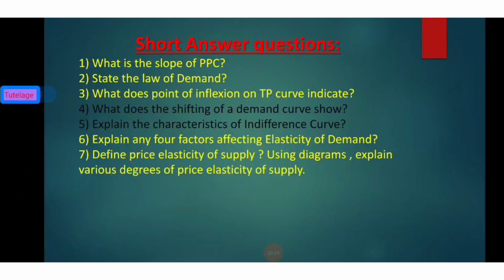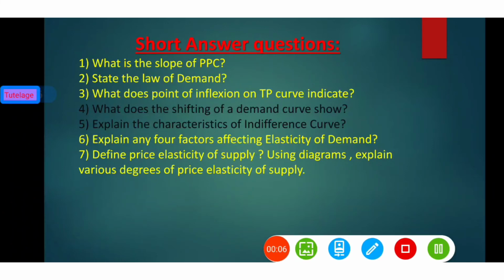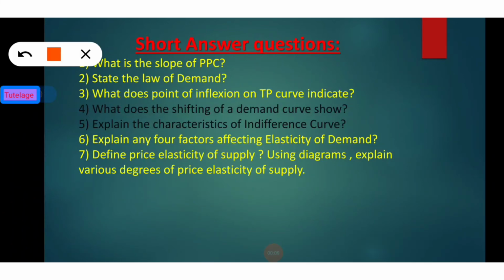Here we can see some short answer type questions. Here we only discuss some questions because the answers of these questions we have already discussed in my various previous sessions.